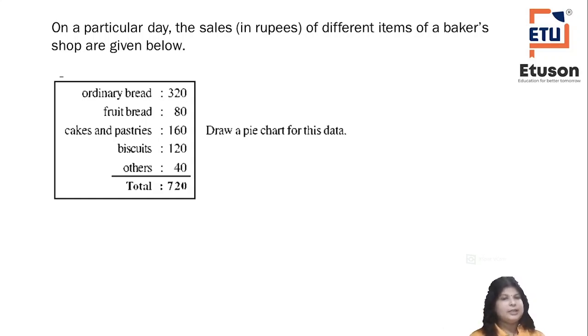So the total sale is 720. You have to draw the pie chart for this data. First you need to draw the table in which you have to find out the angle subtended at the center.